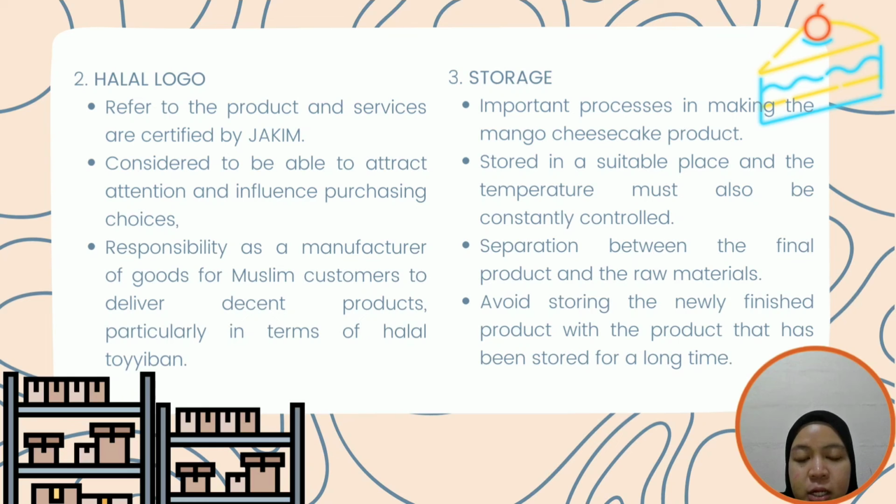This explanation is based on the method of it. And the last point is to avoid storing the newly finished product with the product that has been stored for a long time. This step is to ensure that the products we produce are always kept from a halal point of view, as well as pure and clean from any impurities.